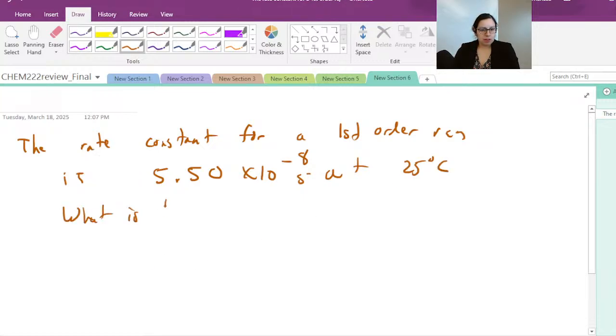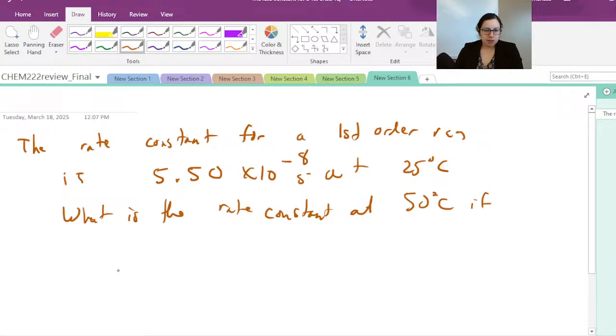So what is the rate constant at 50 degrees Celsius if the activation energy is 1 times 10 to the 5th, excuse me, joules per mole?